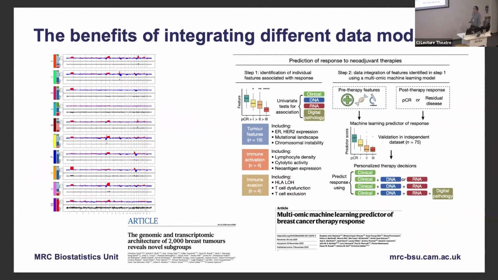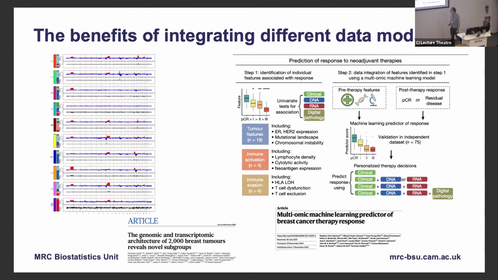However, we and others have seen the benefits of incorporating or integrating more than one data modality to improve the power of these estimates. For example, we have here a study where we just combined DNA and RNA, but more importantly, the correlation and the association between these two data types, to identify a collection of oncogenes and tumor suppressors that will allow us to stratify patients based on those.